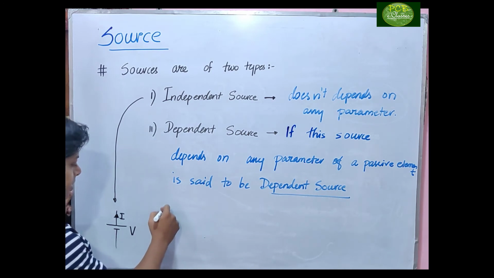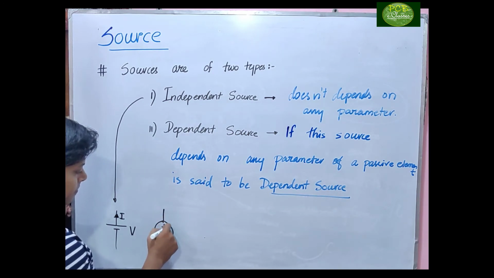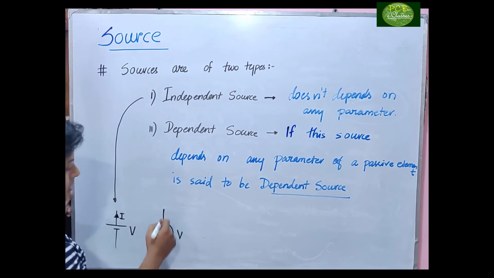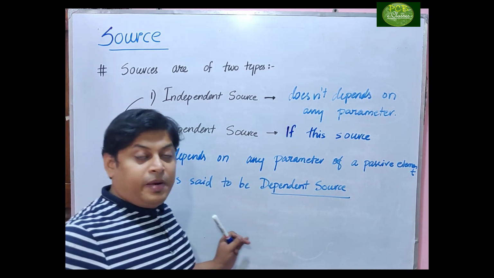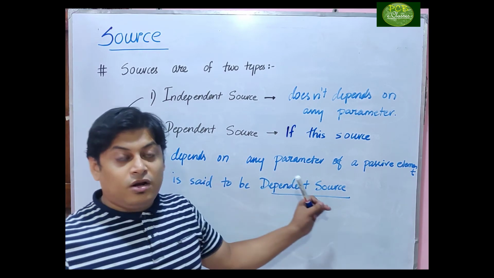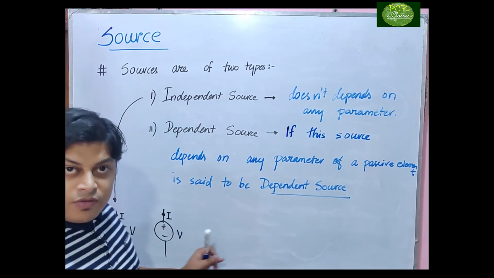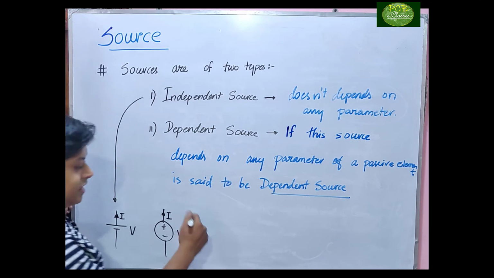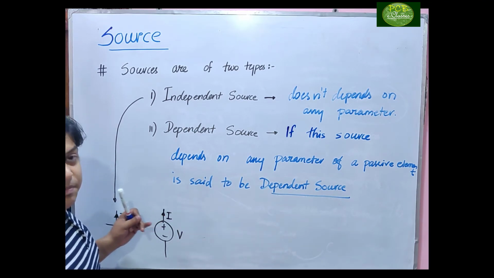If I take a voltage source, fine, it also has the finite energy to pump some current. It is independent of any of the parameter of a passive element. Fine, voltage source, that may be a current source also, independent.